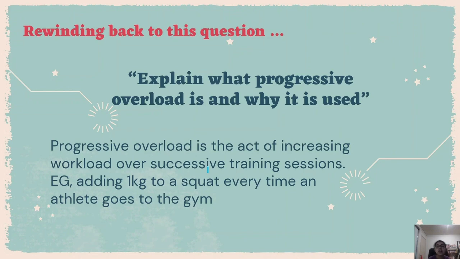For example, adding a kilo to a squat weight every time an athlete goes to the gym. And this is now saying that is progressive overload. And there's definitely that cause and effect link where we're saying that this is the cause and this is the effect as a result. So you can see that we've given the marker what they are after. We have given them the progressive overload, and then we've also ensured that as a result of that, adaptations keep coming.